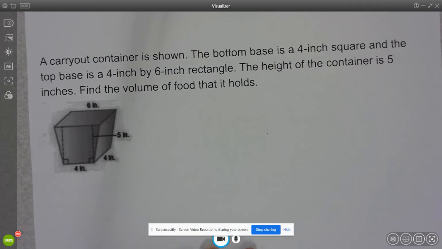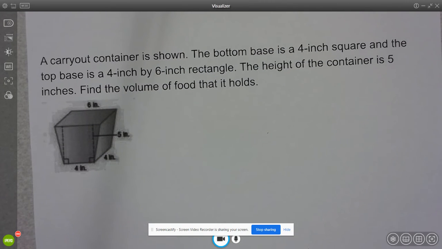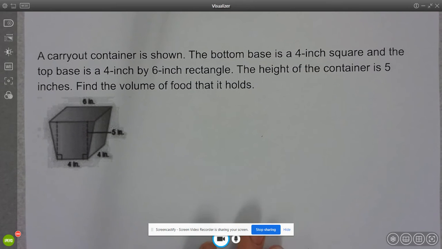Next one we're going to look at here, we have a carryout container. It gave us the picture, this little trapezoid contraption here, and our goal is to figure out the volume. Now you can do one of two things.